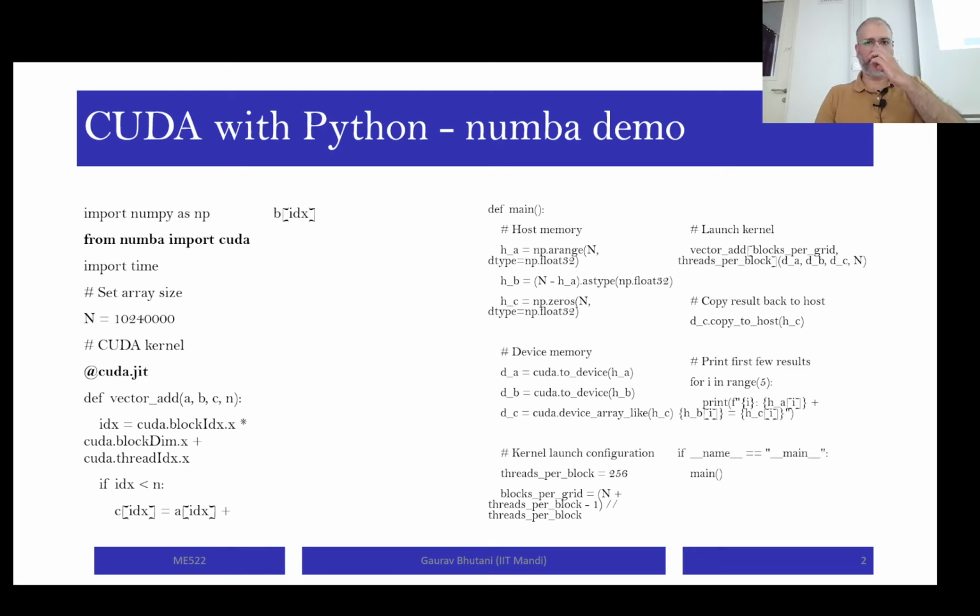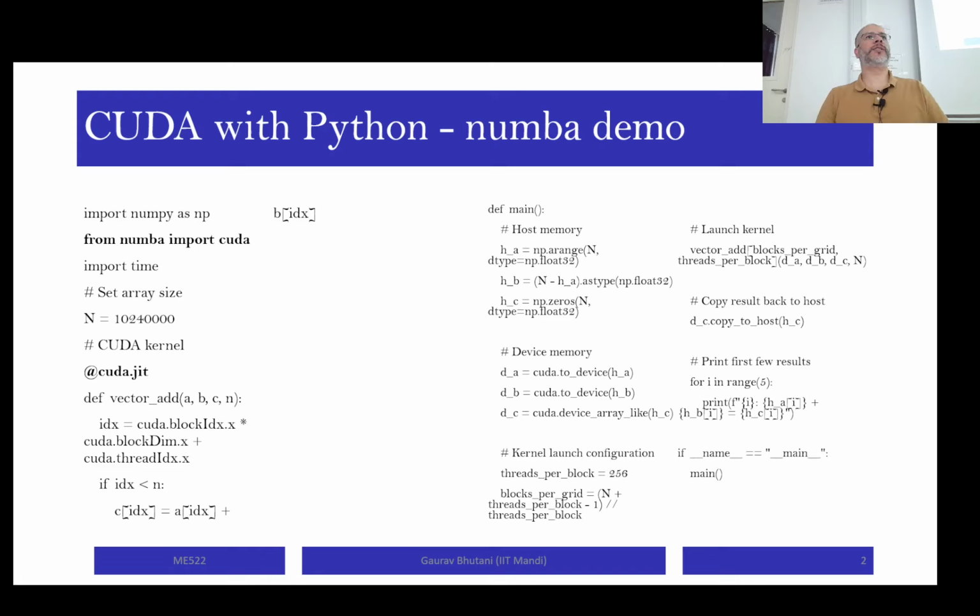The other flow is very similar to what we have done. For example, you have this function called vector add, where you have to write this @CUDA.JIT before the function. Remember in CUDA C, what we had done is we had given this keyword called __global__.